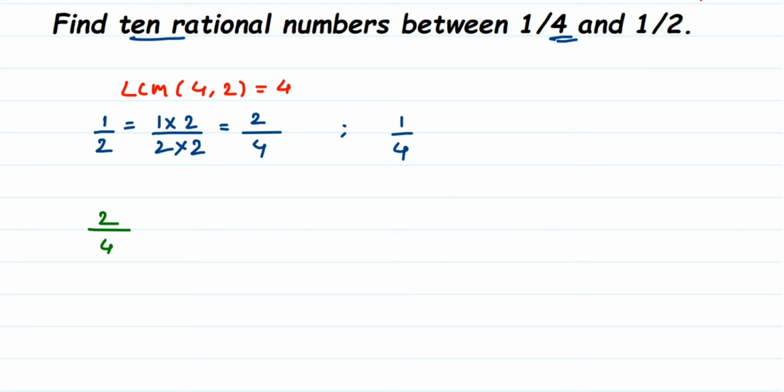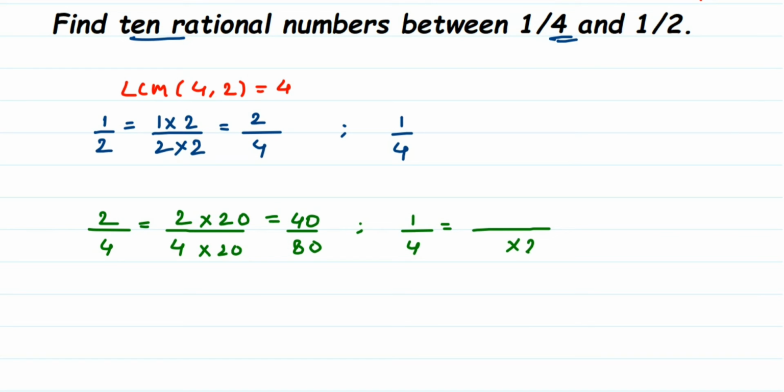Here 2 by 4, I'm going to multiply numerator and denominator by 20, so this will become 40 by 80. Now this is my first number. Now the second number, here we have 1 by 4. When you're multiplying, both the numerator and denominator should be multiplied by 20, otherwise the denominators will change again.